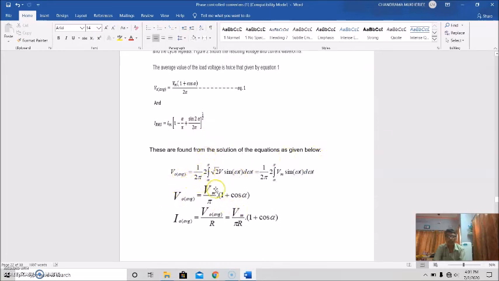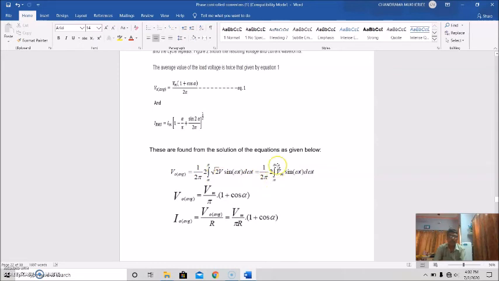So going to the waveform, we calculate the average value of the output as 1 by 2 pi, integration from alpha to pi of root 2 V sine omega t d omega t.